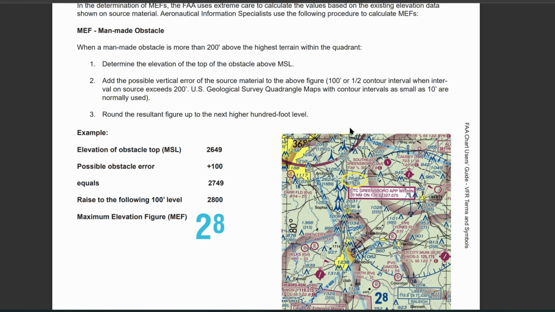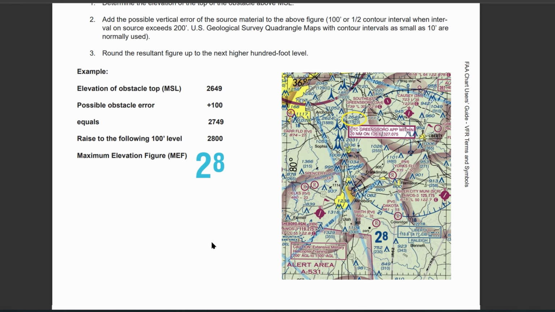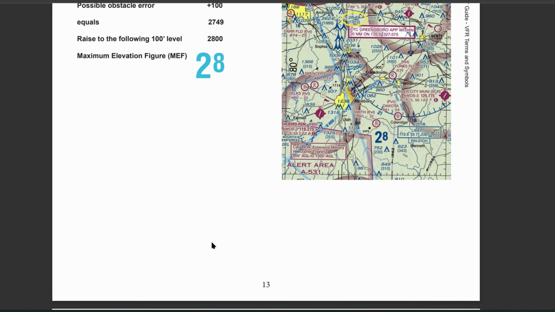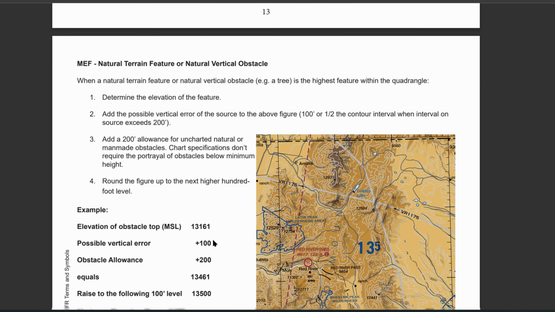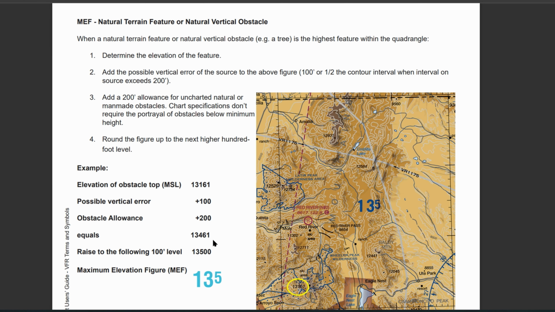Then you omit the last two zeros, and that'll give you your number. So for something like this, it's going to be 2,800 feet, and this is mean sea level. It's always going to be mean sea level. And sometimes you'll get the AGL, but mean sea level is the important one.